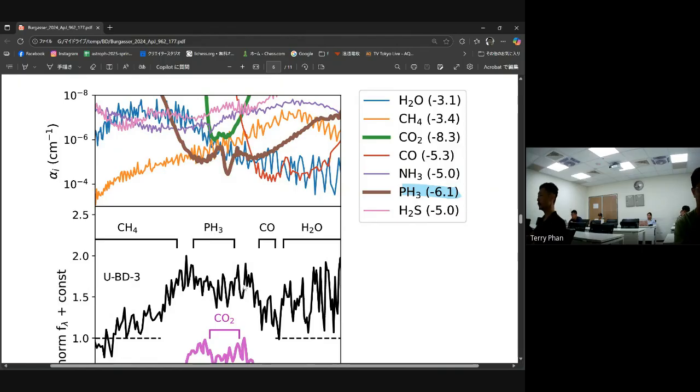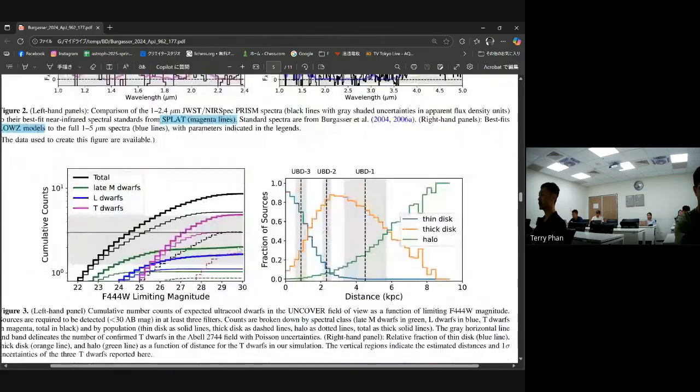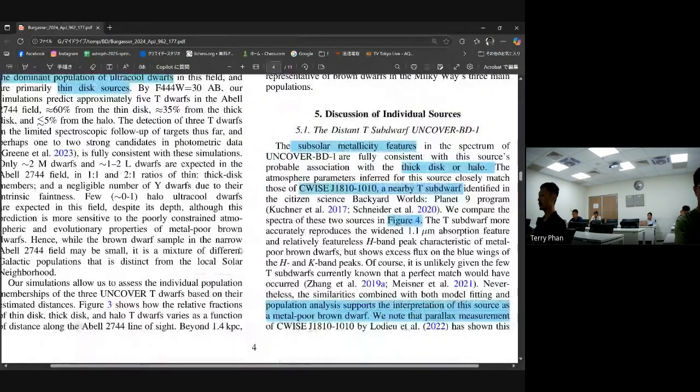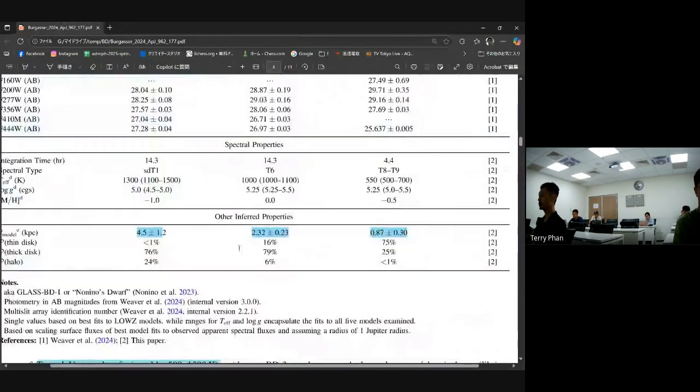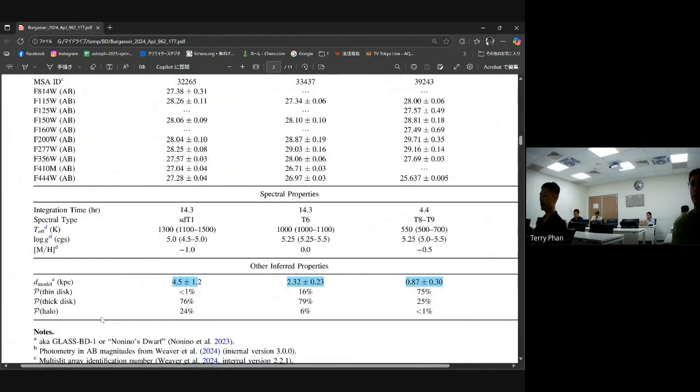Okay, then once they fit the SED, they can estimate the distance and some other properties which are here. So distance is 4 kiloparsec, 2 kiloparsec, and 1 kiloparsec. So they put most of them in the thick disk.